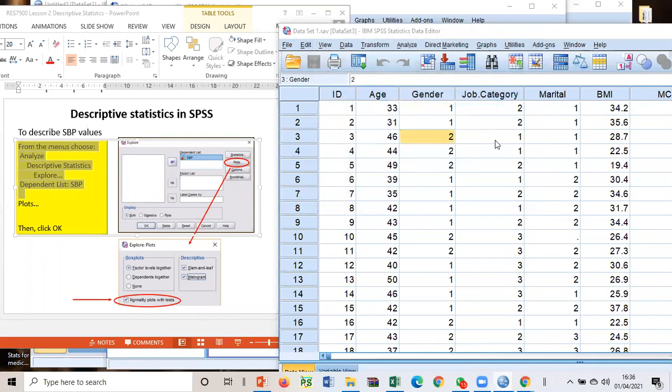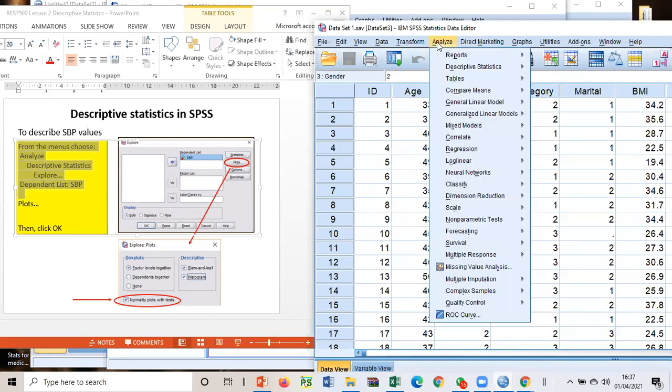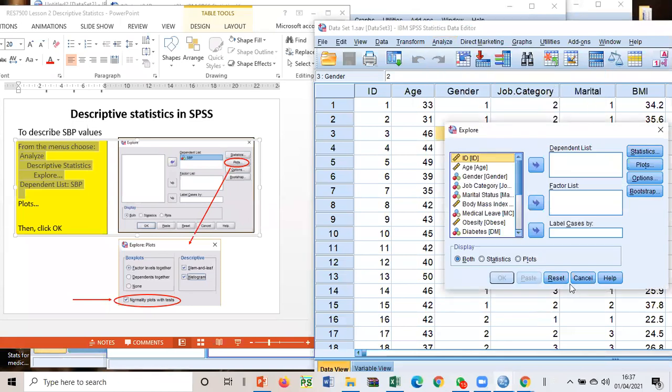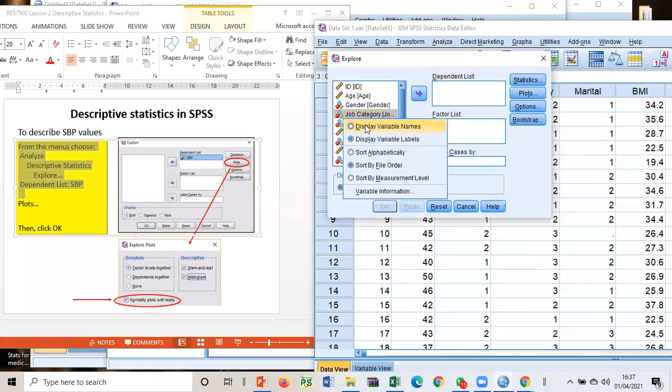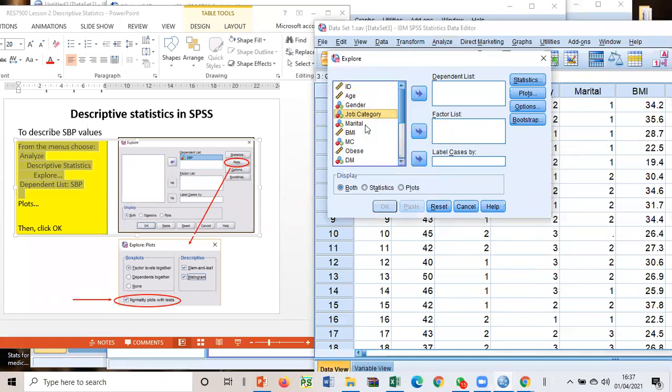Analyze, Descriptive Statistics, Explore. Exactly what's given in the notes. Okay, next. Explore which variable? Here it's SBP, not BMI.